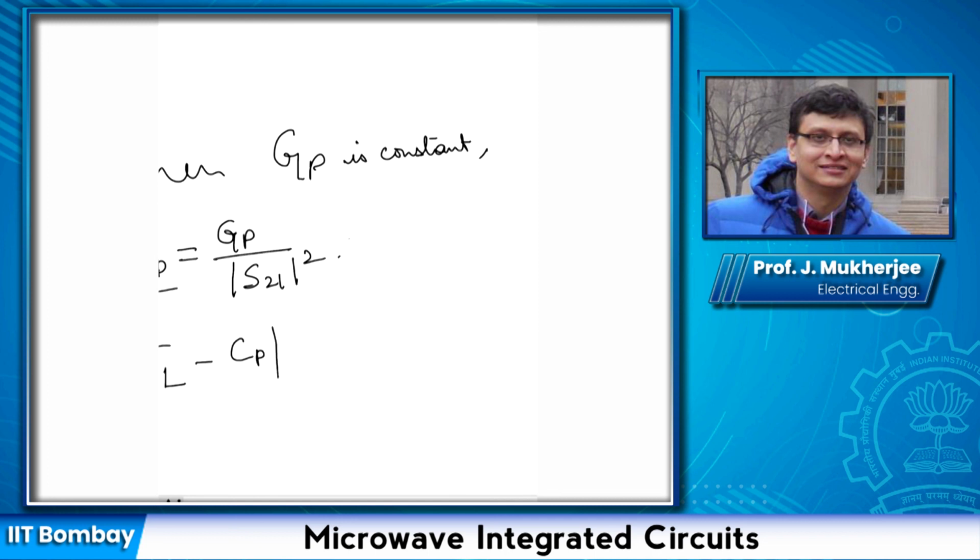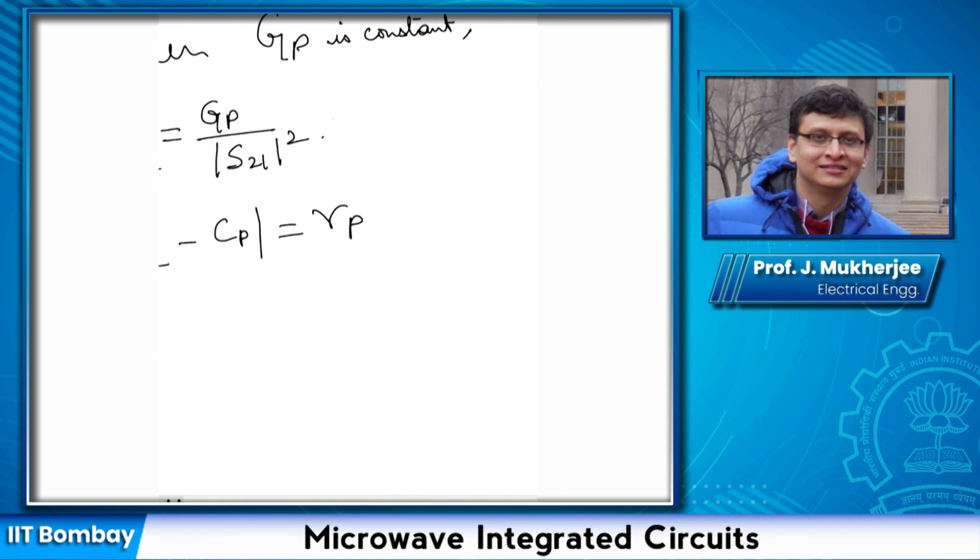which the value of GP is constant, is given by this equation, where Cp represents the center of the circle and Rp represents the radius, and the value of Cp is given by.